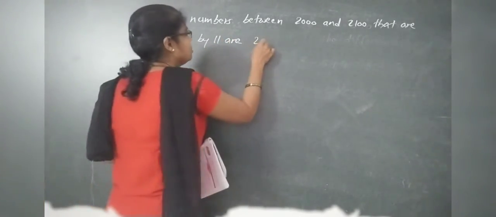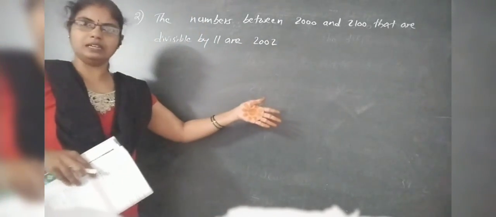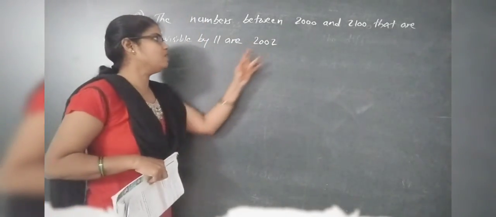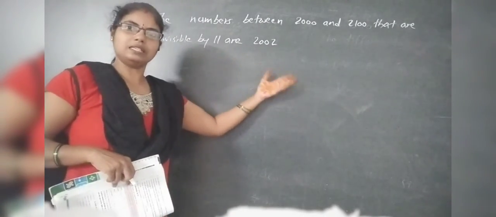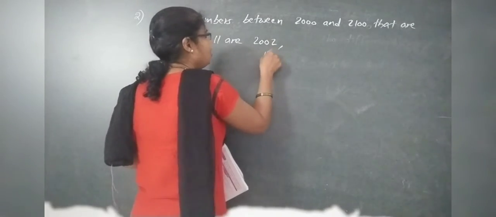First number is 2002. Can we find all the numbers like that, children? No, we can't. So that's why the first number is 2002. Next, you should add 11. Then you will get the next number. Add 11, how much?